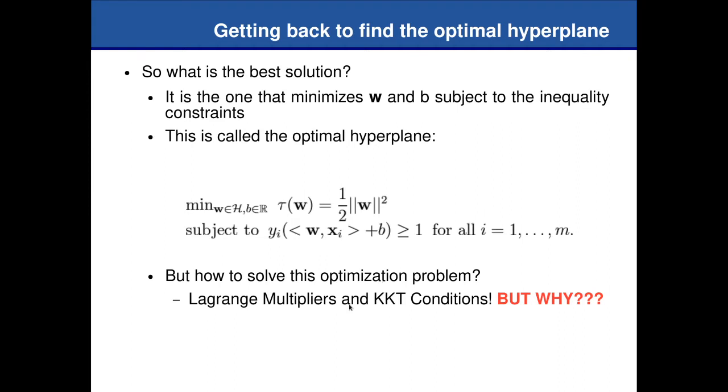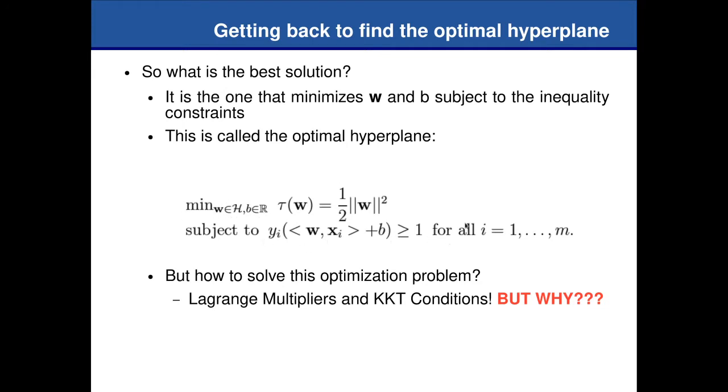We can use Lagrange multipliers and Karush-Kuhn-Tucker multipliers to reformulate this problem in a different space. This is in a given space in which we have to actually minimize in terms of W and B subject to those constraints.